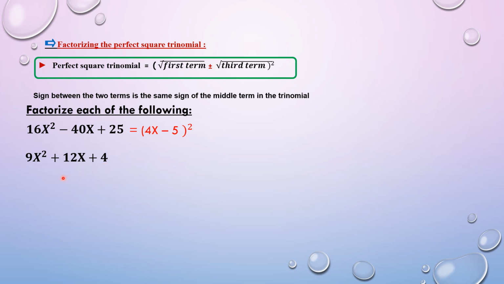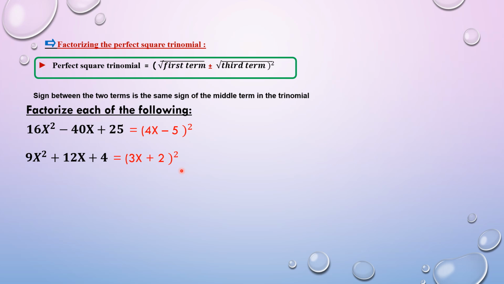So it will be 2 times 3x times 2 equals 12x. So this expression is a perfect square. And we put a bracket, all to the power of 2, and inside it the square root of 9x power 2 is 3x and the square root of 4 is 2. What about the sign? Take the middle sign. The middle sign here is positive, so we put positive, all to the power of 2.